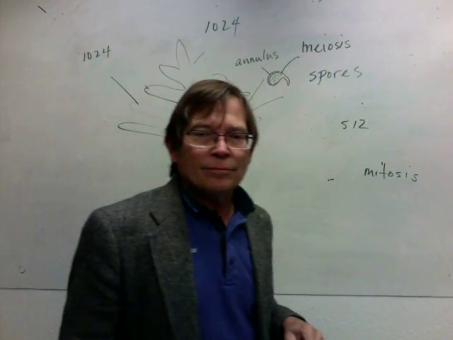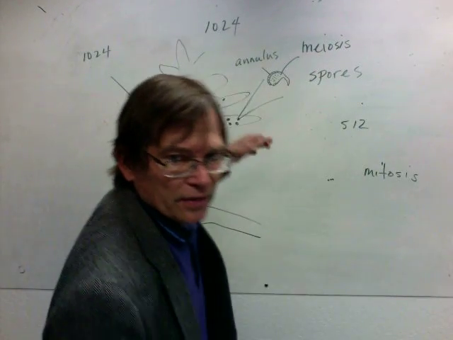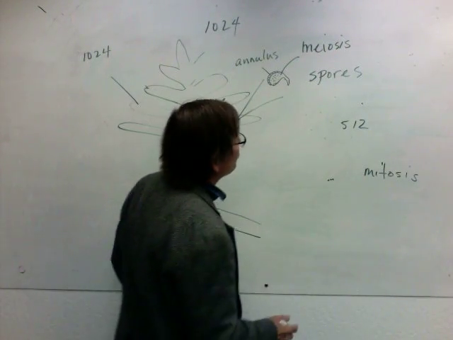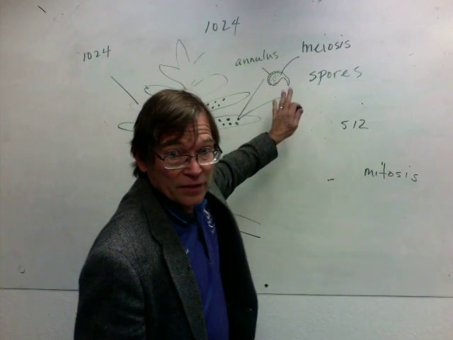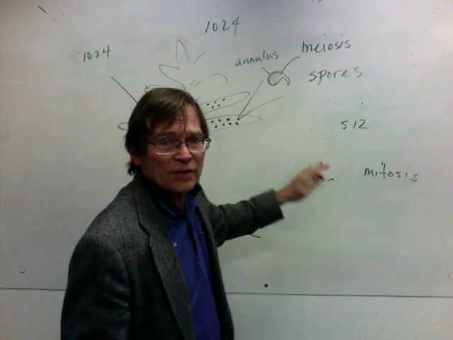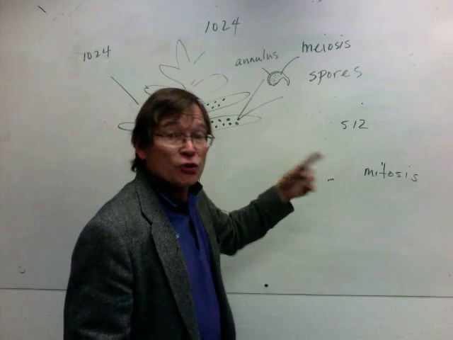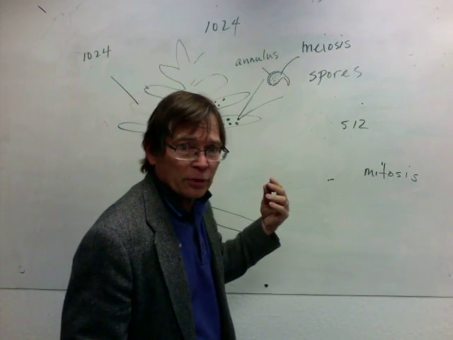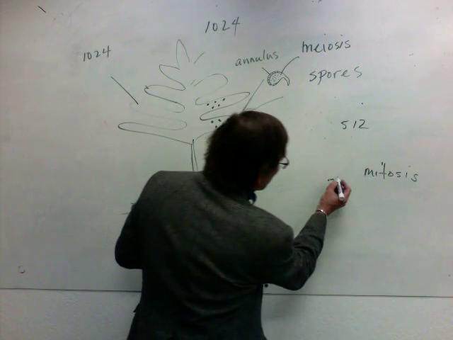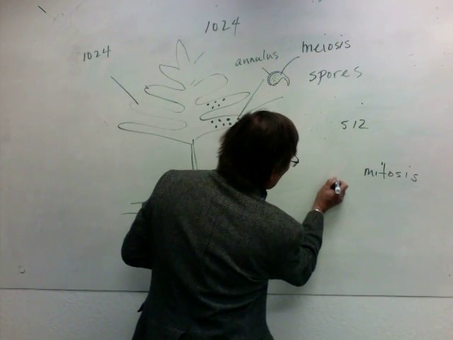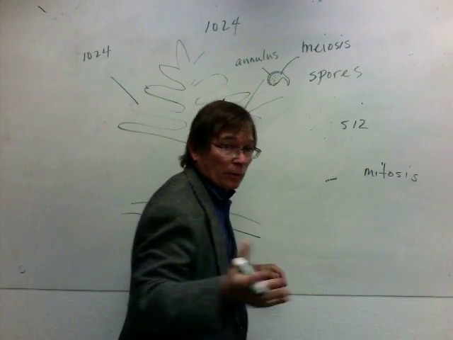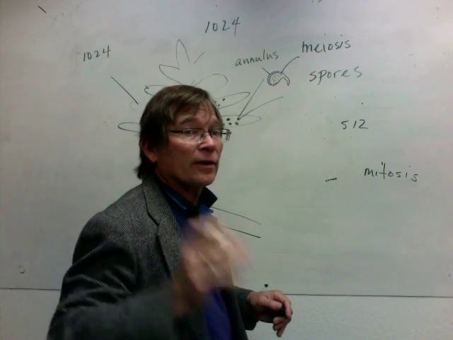And that's the simpler form of these two types of cell divisions. Remember, meiosis halves the number of chromosomes and produces 4 cells. Mitosis produces two cells, each with the same number of chromosomes. All right. So each one of these cells, then, since they're being produced by mitosis, will have how many chromosomes? I hope you thought 512.